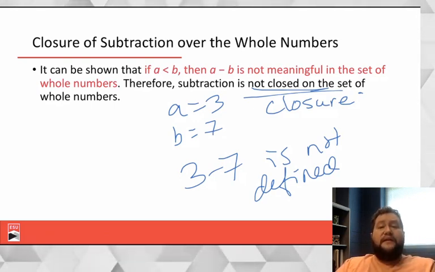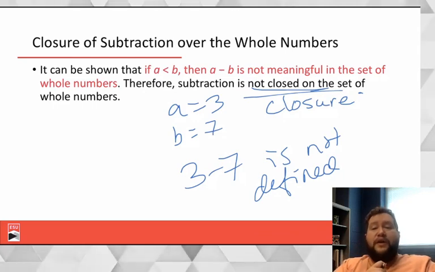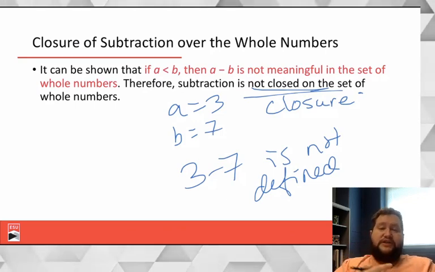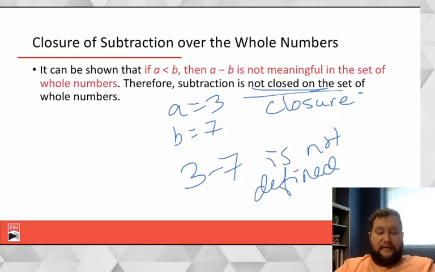And so addition is closed. It doesn't matter what you add together, you're going to get another bigger positive number. So addition is closed, but subtraction is not. And then we're going to continue this when we get to multiplication and division and talking about these things.